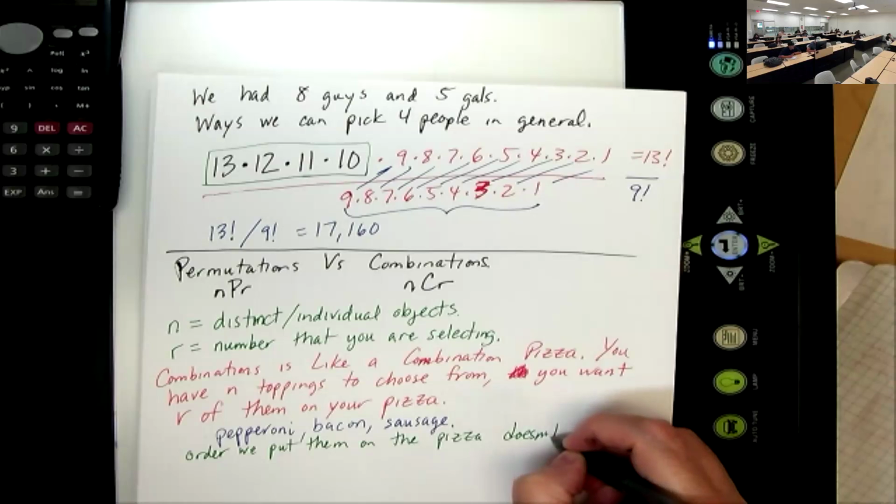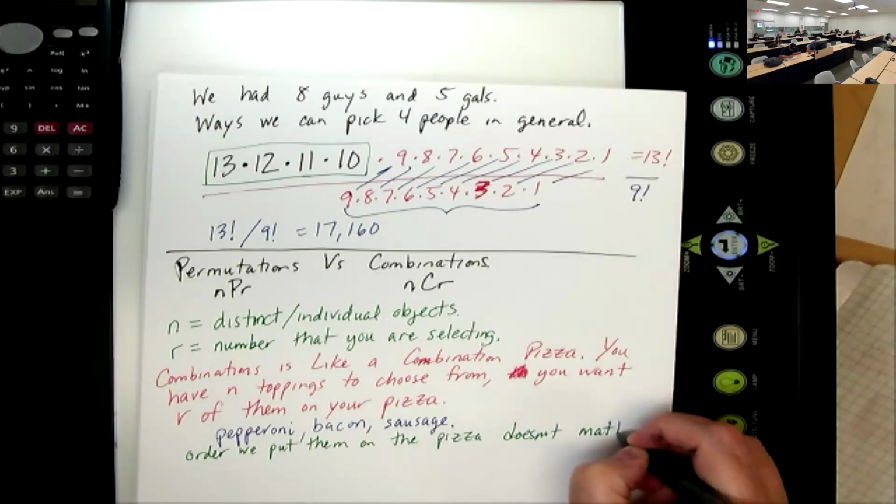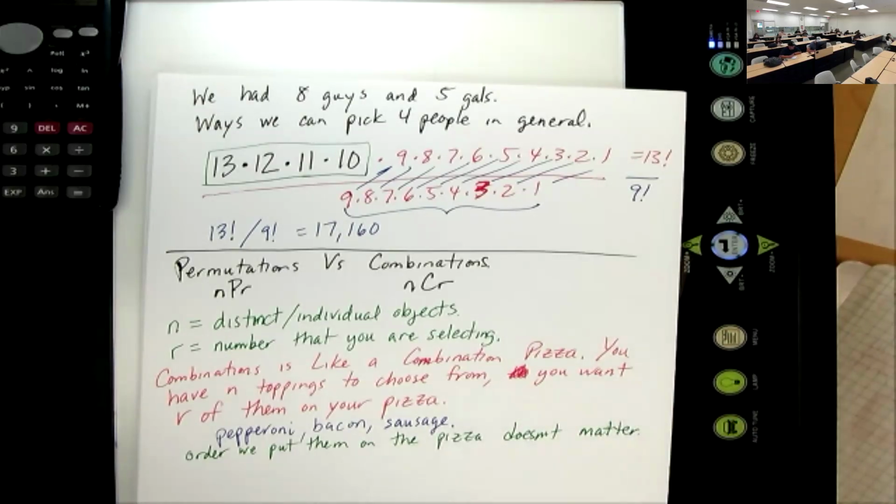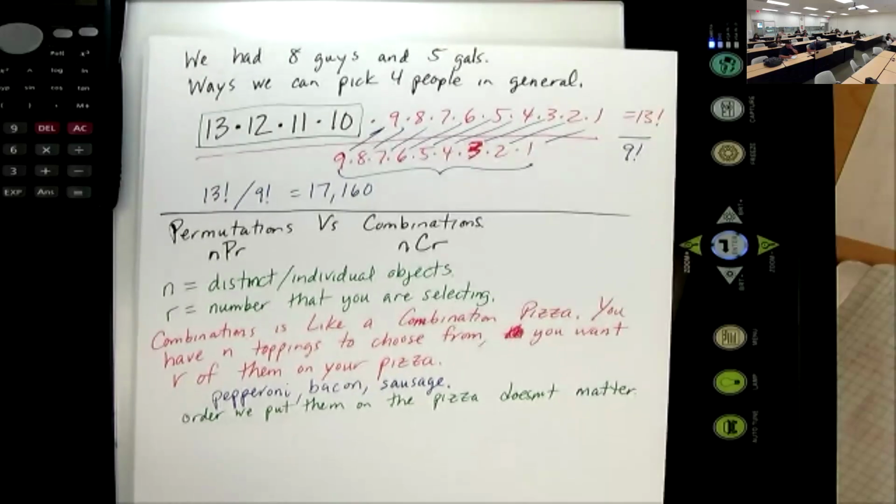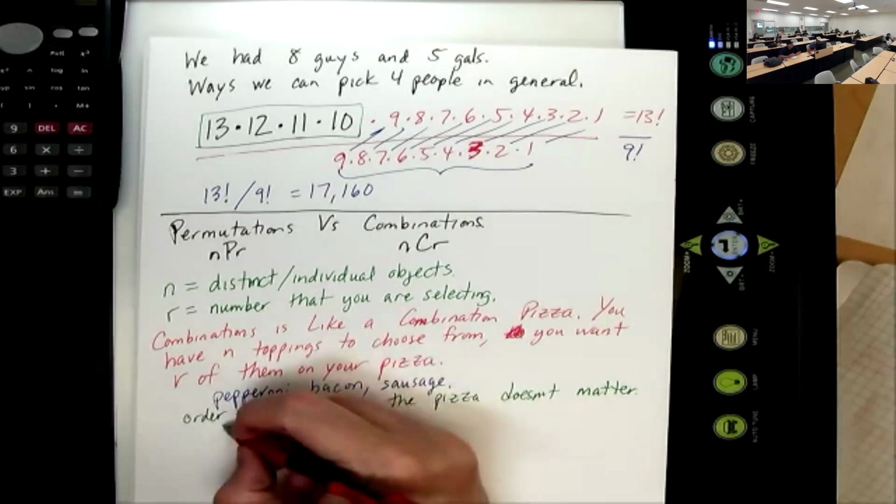Especially if you use the diced pepperoni rather than the big flat discs. Big flat discs, if you try to set that on top of a piece of sausage, it's not gonna stick to the cheese. But if you have little diced pepperoni. So combinations, order doesn't matter.